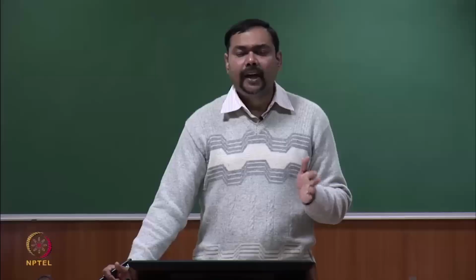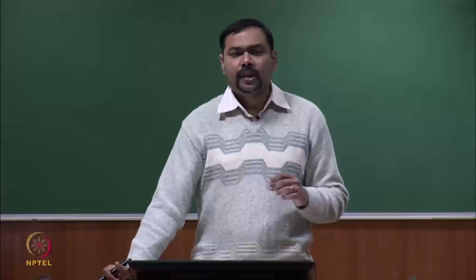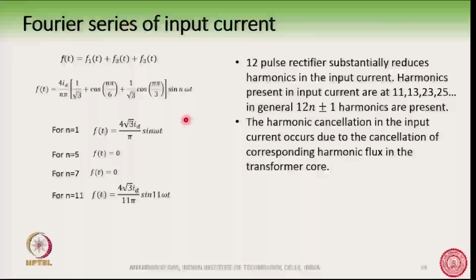So, n equal to 5, n equal to 7, then n equal to 17 and 19, and then again n equal to 29 and 31, these harmonics will all be absent.